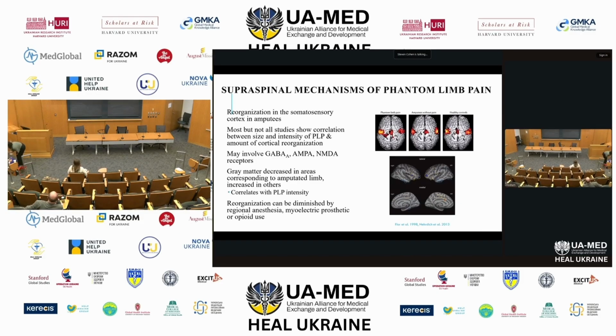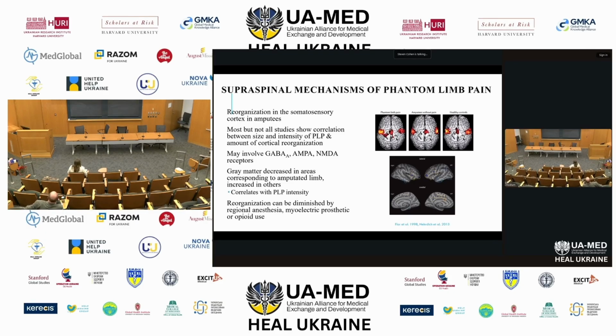In your brain, there's a somatotopic representation of your body called the homunculus. You have a motor and sensory homunculus. That part of your brain is used to getting signals from parts of your body, like your leg. And when your leg or your arm is no longer there, your brain reorganizes.